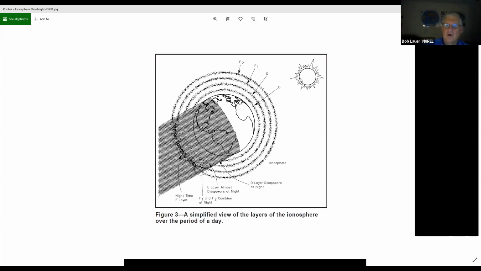What affects the particles thrown out from the sun are the sunspot cycles. And sunspot cycles follow an 11-year cycle. That's the solar cycle. At different parts of the 11-year cycle, you can have very, very low sunspots or very high sunspots.